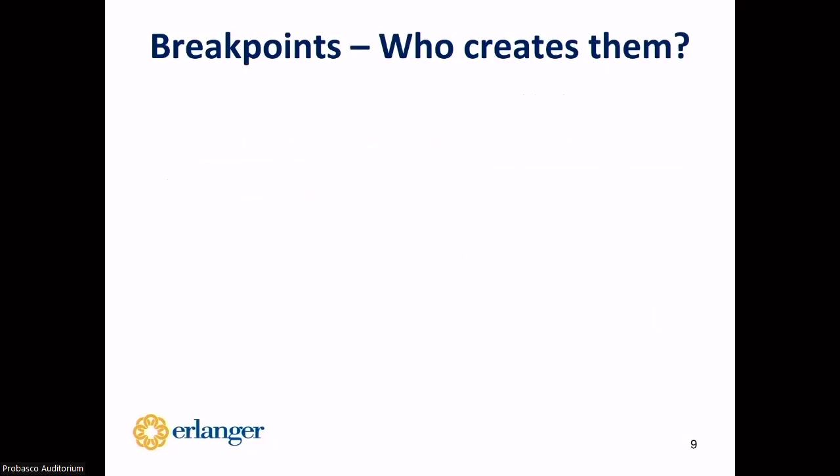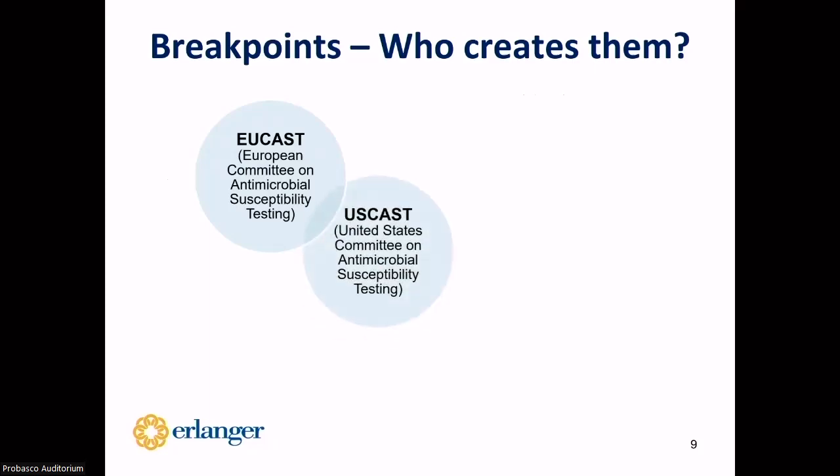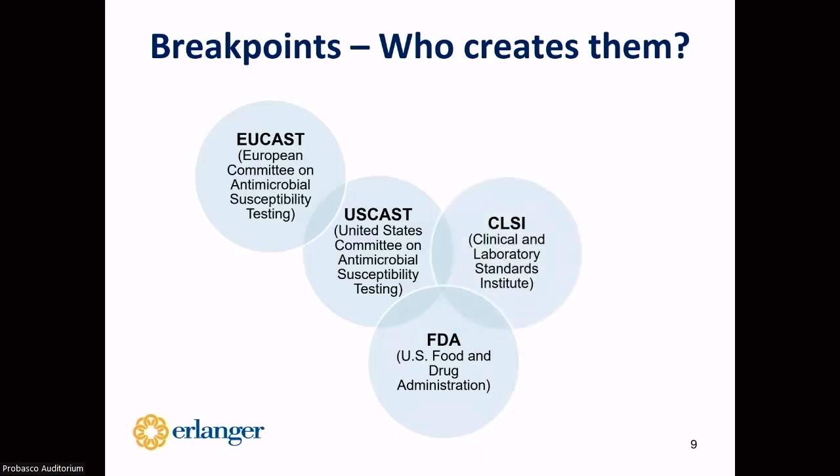So where do breakpoints even come from? UCAST is the committee that addresses breakpoint criteria in Europe. So all European hospitals and healthcare systems follow UCAST breakpoints. USCAST is UCAST affiliated and was formed to not only provide a US voice to the UCAST process, but to also provide breakpoint decision support to the US FDA and other interested parties like CLSI.